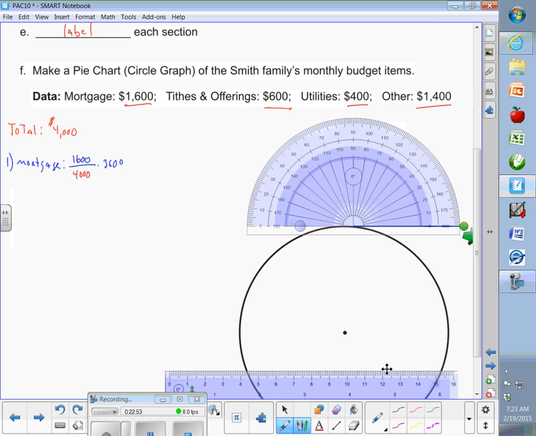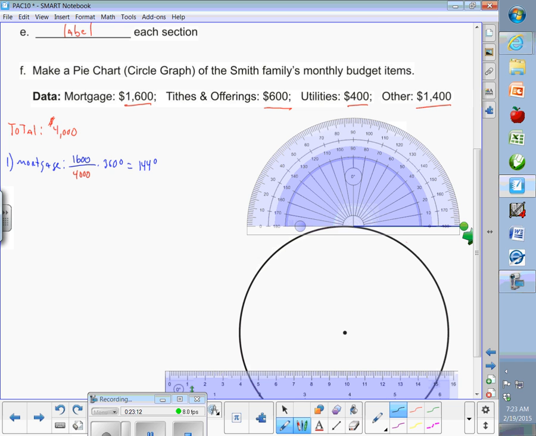When you are done, you get 144 degrees. I usually hit equal or total, then multiply by 360. And that's 144 degrees. So let's finish this off, and then we'll start putting them in.